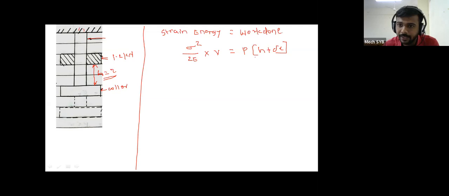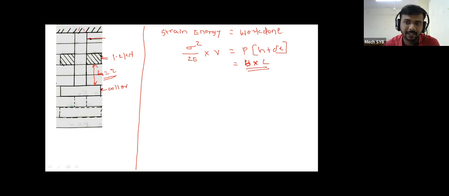This value P into H plus delta L is the load into height. P is the load applied on the rod, and H plus delta L means that the load has to travel the distance of H plus delta L.